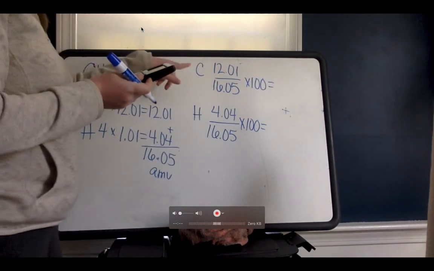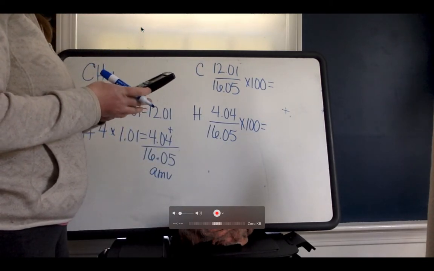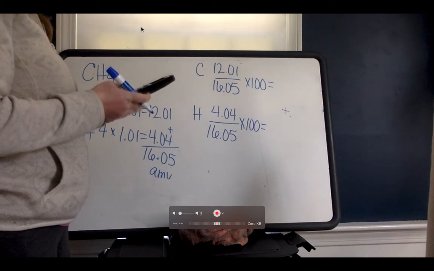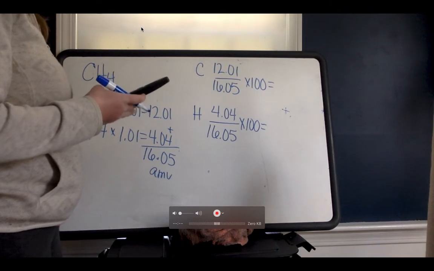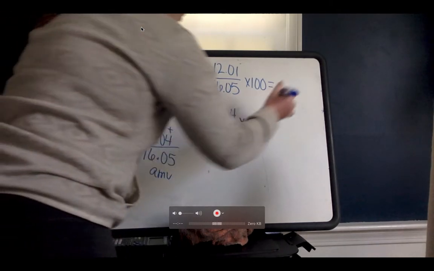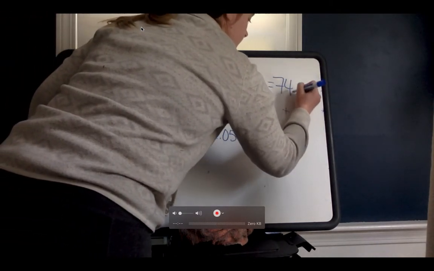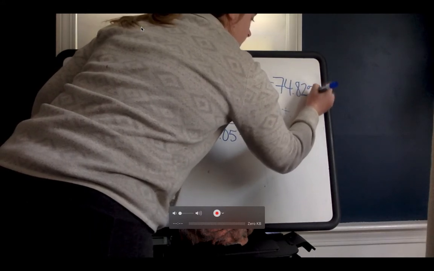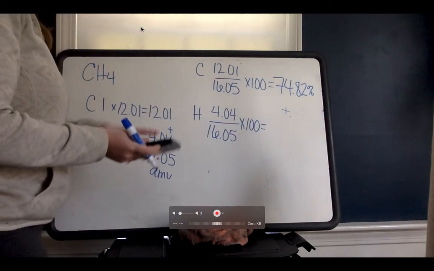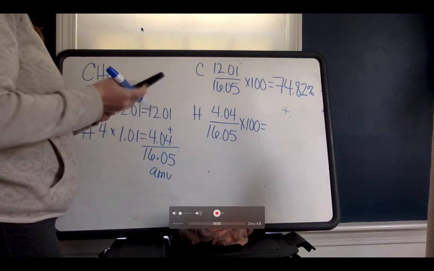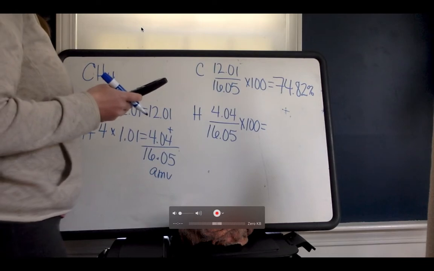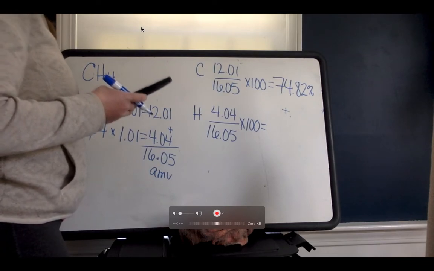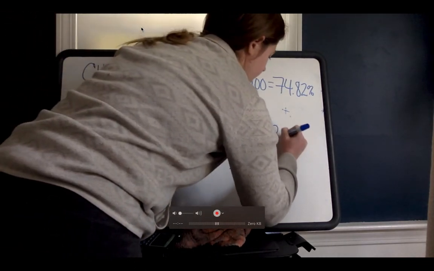So let's do carbon first. 12.01 divided by 16.05. We hit enter, times 100, and we get 74.82%. For hydrogen, we have 4.04 divided by 16.05. We hit enter, we multiply by 100, and we get 25.17%.